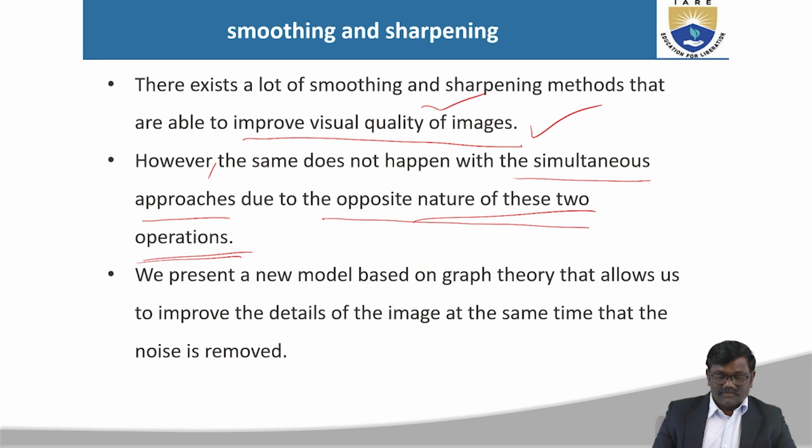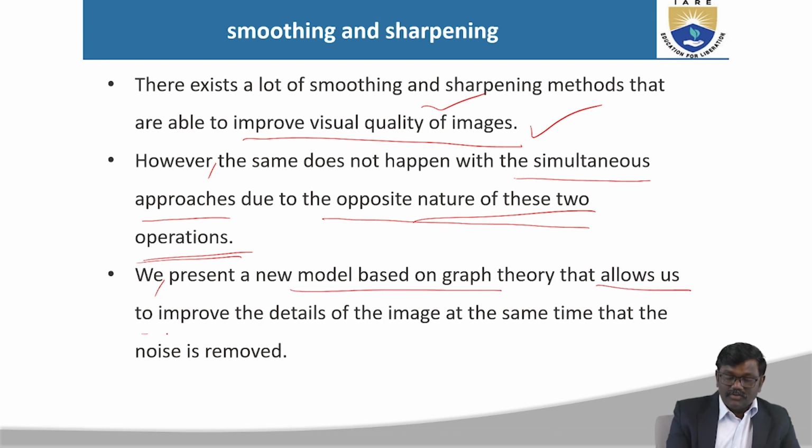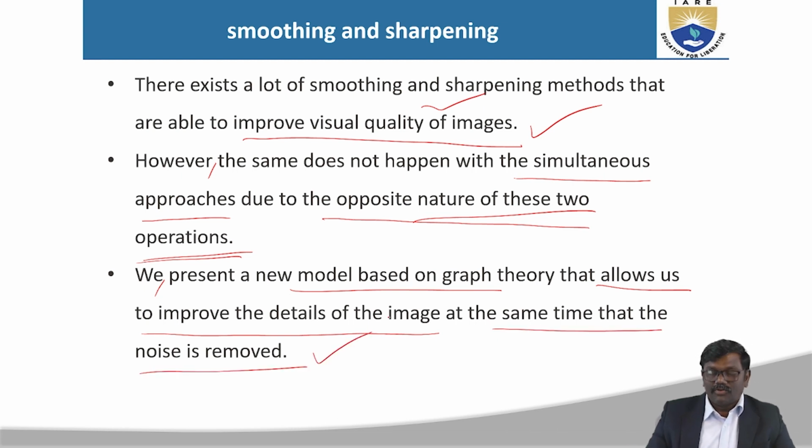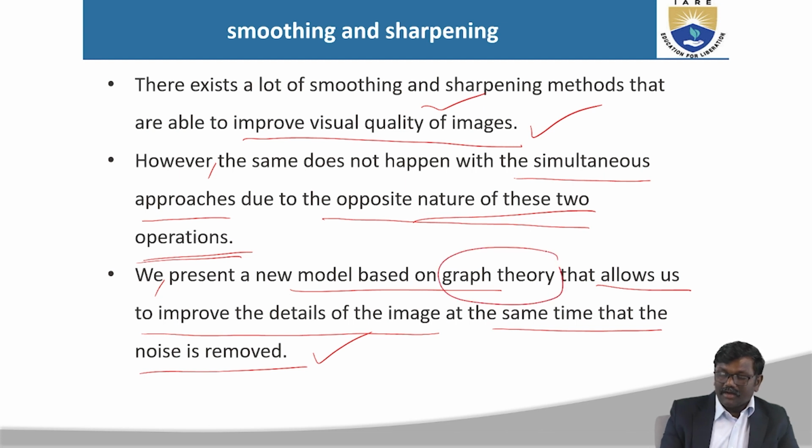So that means we can present a new model based on graph theory that allows us to improve the details of the image at the same time that the noise is removed. So here, one of the digital image processing tools we are concentrating on is graph theory. Mathematically, how does graph theory help us in solving some of the image processing problems?